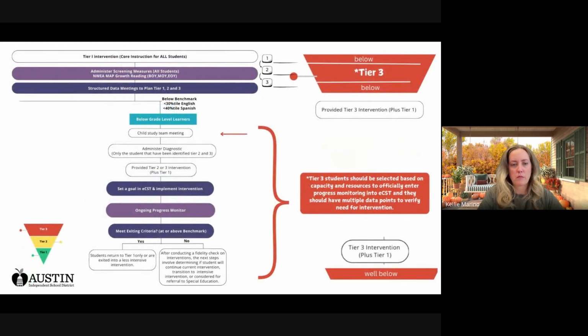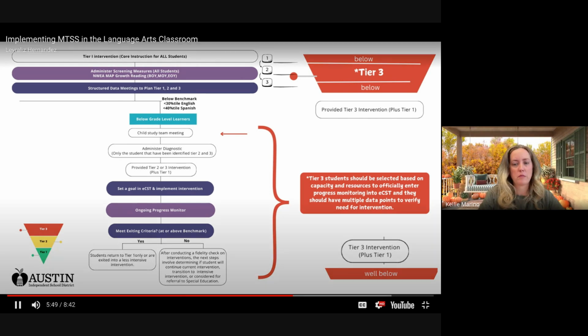In the traditional MTSS triangle, Tier 3 represents intensive interventions for a small number of students. However, a campus with an inverted triangle will have a large number of students identified through MAP growth needing intensive support. Therefore, depending on capacity and resources, campuses will need to respond accordingly.